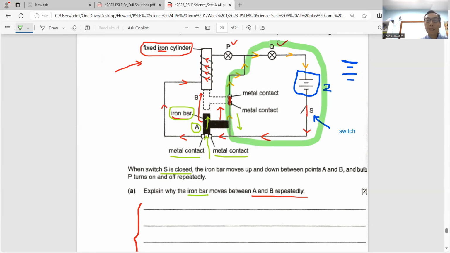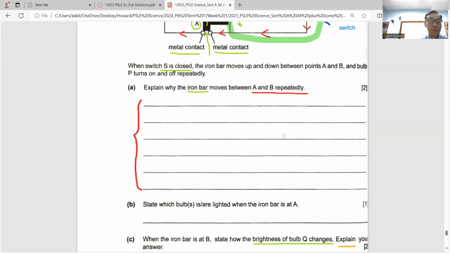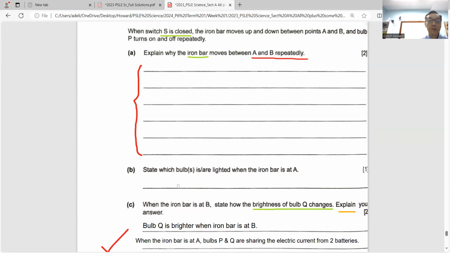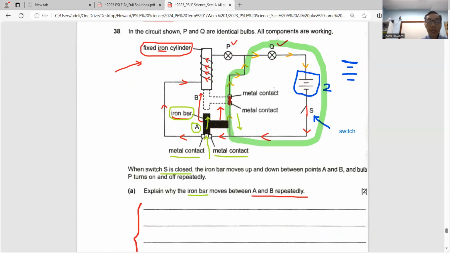They will bypass the bulb P because this part below, the metal contact, will form an open circuit. So bulb P will not be lit, only bulb Q. So only bulb Q will be lit when it's at B. But when it's at A, both will be lit.